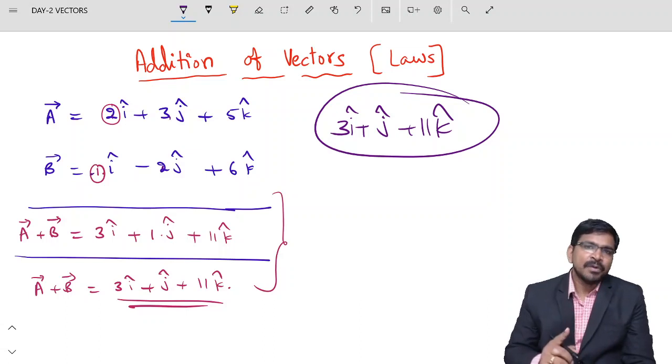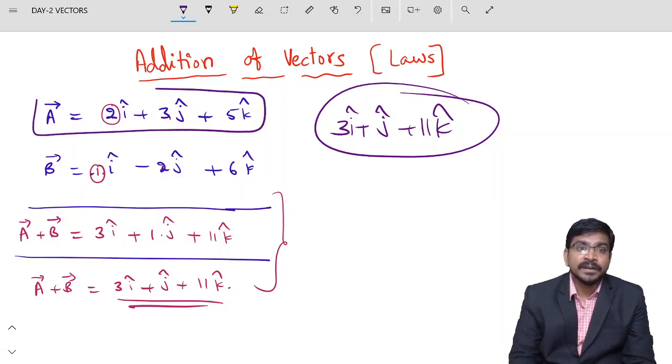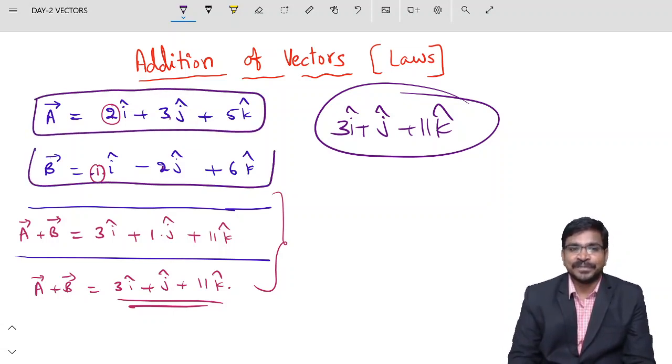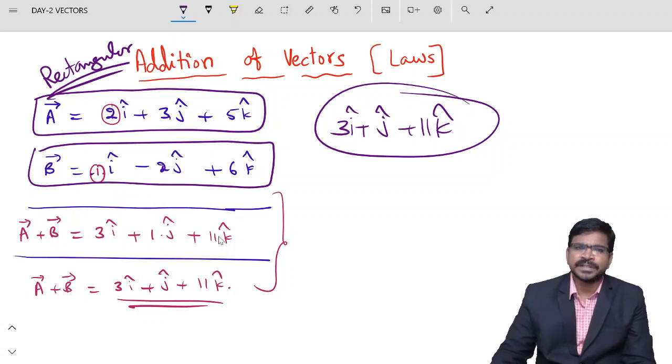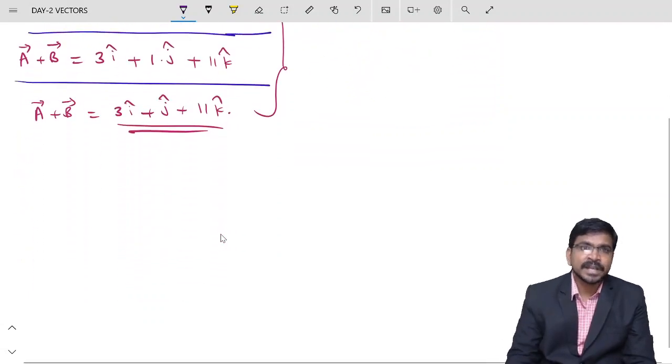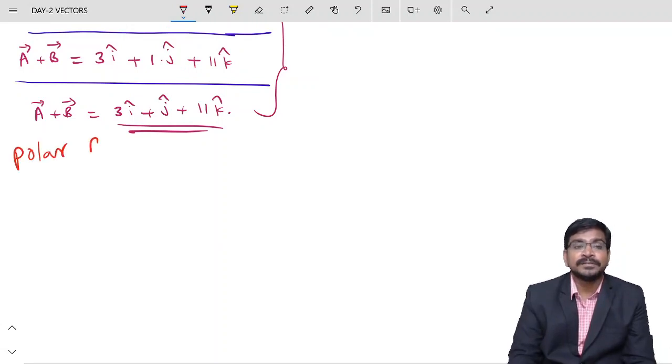Now we have two vector laws, for vectors given in polar form. Here they are given in rectangular form, and for rectangular form there is no need of any laws; directly you can solve. But if the vectors are given in polar form, how to handle it?